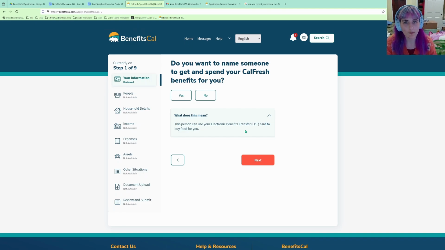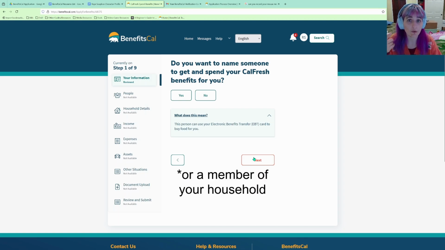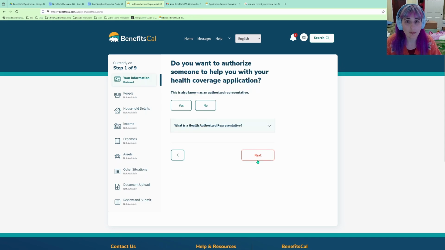There are other programs like that, but you can authorize anyone as long as you tell them that you authorize someone else to have your card and spend the money and buy food on your behalf. The money still has to be for you. That's an important thing for CalFresh. You're not supposed to buy food for other people with your CalFresh money. The food is supposed to be for you.